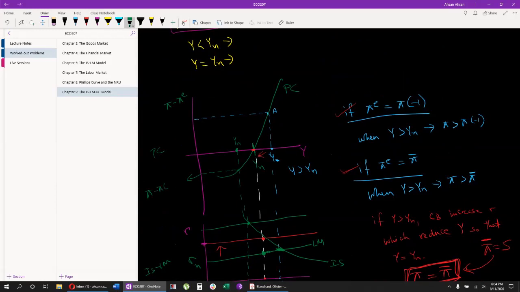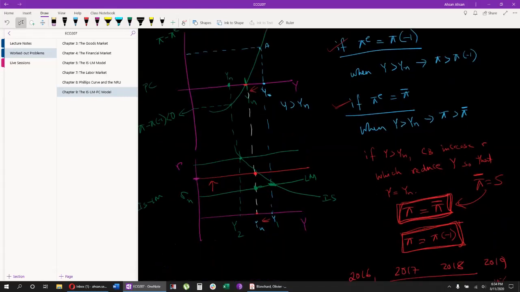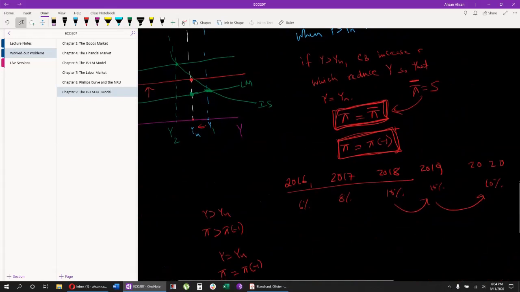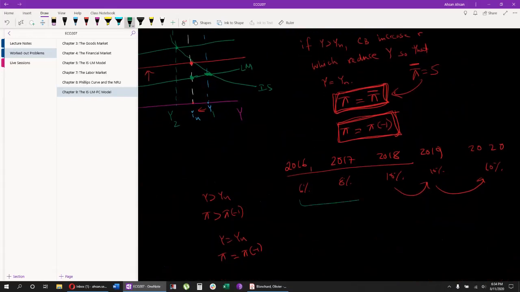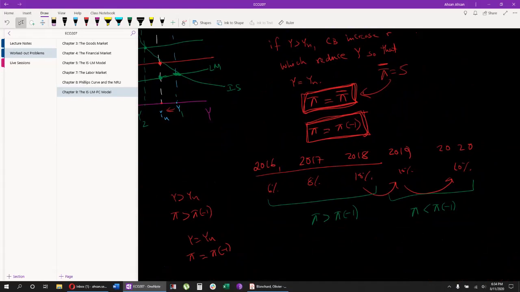This minus this is less than 0. What that is going to do is, so to this point, we have a case where this is over here. What we have is this is less than this. So what that will do is inflation will now start to fall.